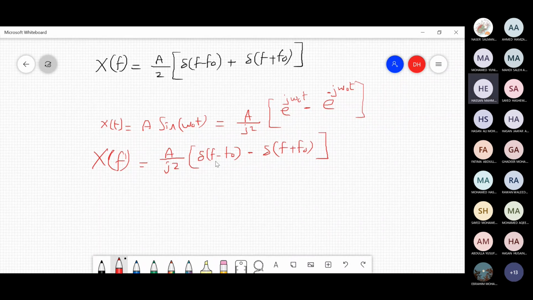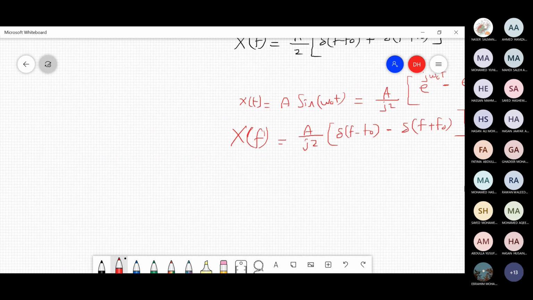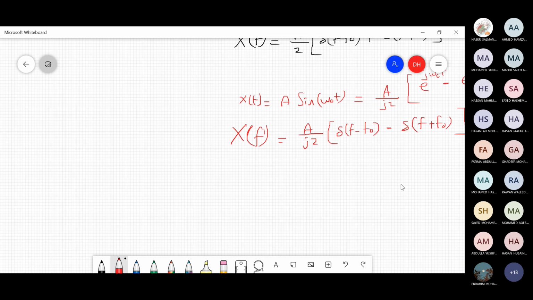Okay, don't forget to change this one to omega. So omega equals 2 pi f. If you multiply it by 2 pi, the 2 cancels with the 2, and you will get pi here. If you want to work on the question, find X of omega, and you have f here, then it is equal to, 2 cancels with the 2.